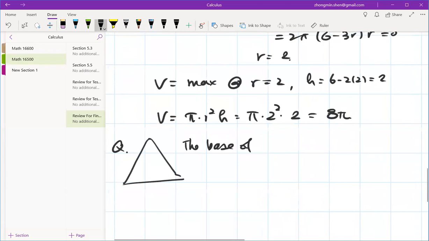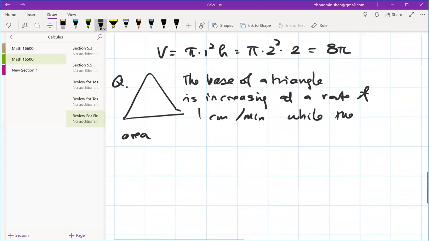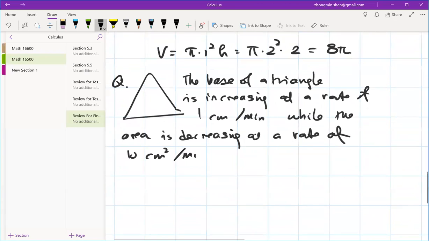The base of the triangle is increasing at a rate of 1 centimeter per minute, while the area is decreasing at a rate of 10 square centimeters per minute.